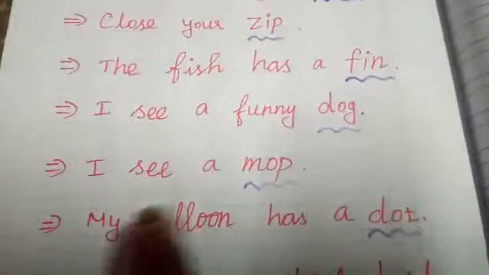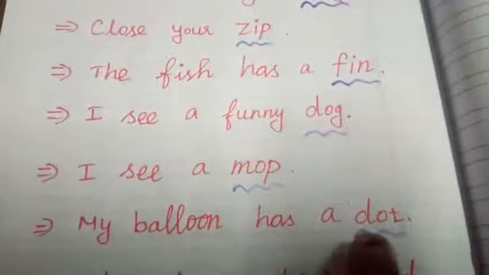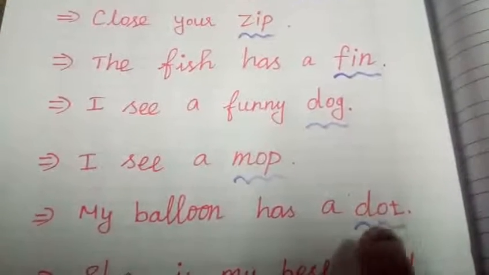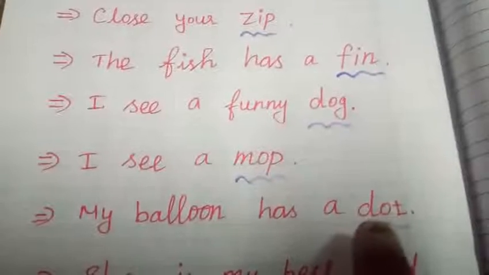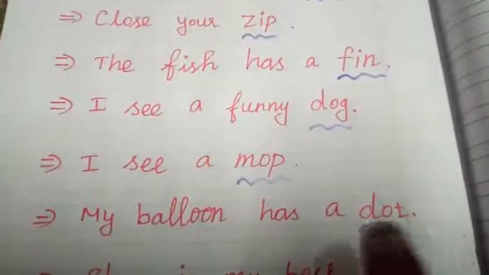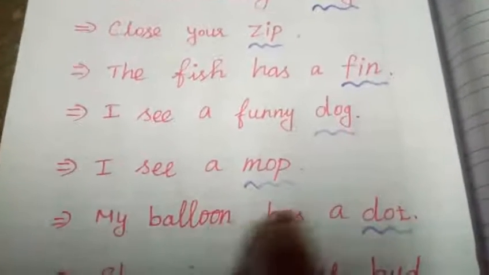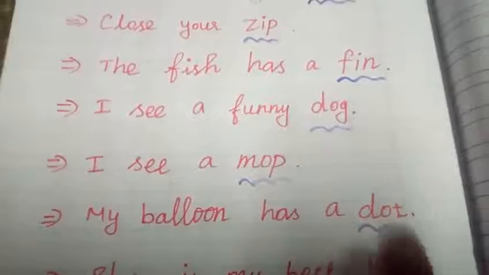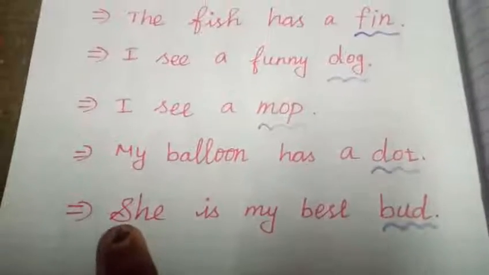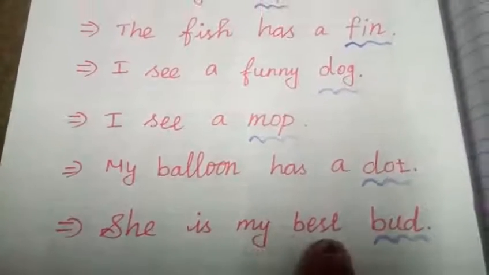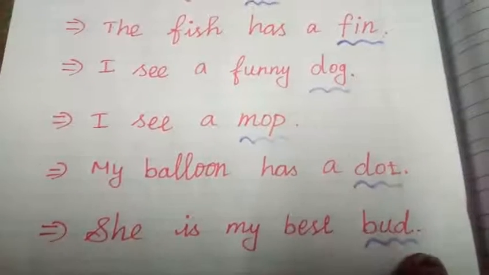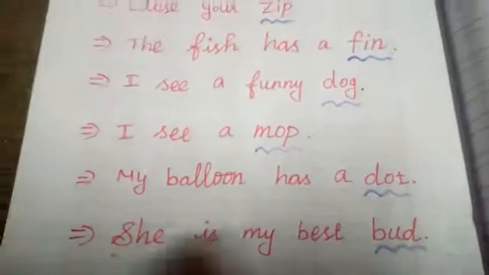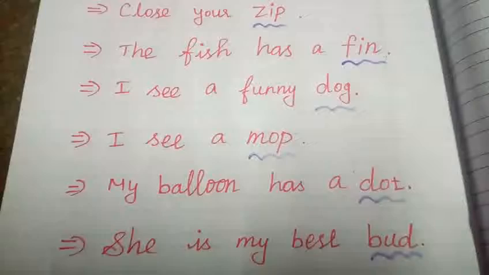Next, my balloon has a dot. My balloon has a dot. Next, she is my best bud. Bud. She is my best bud.